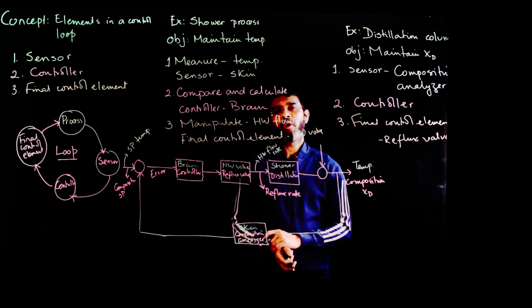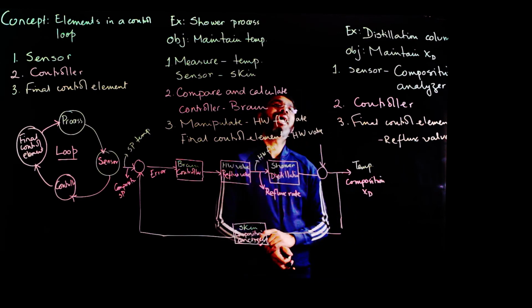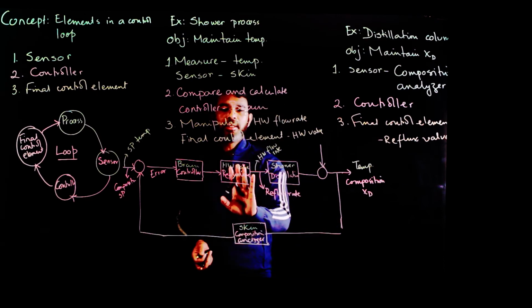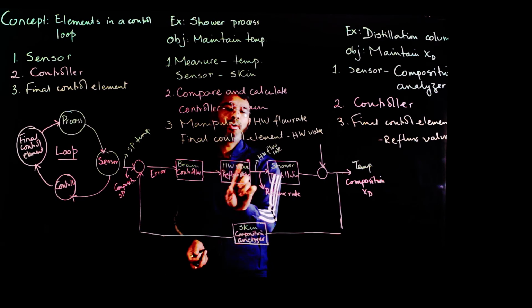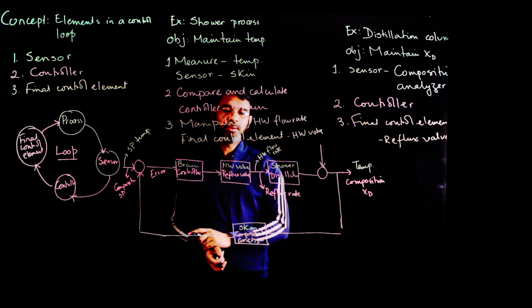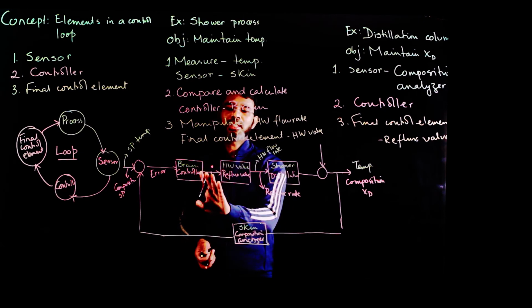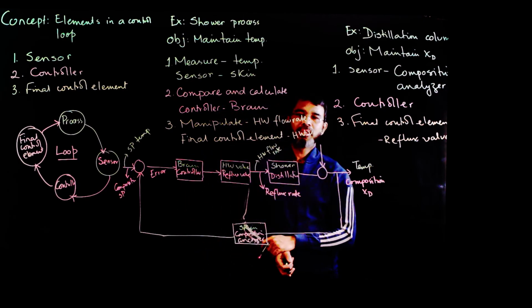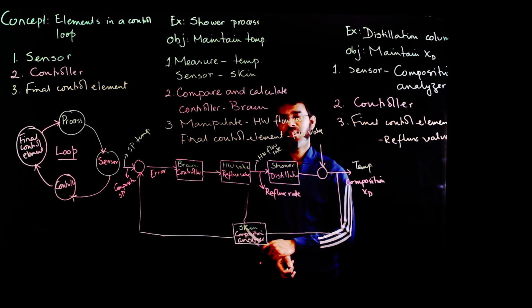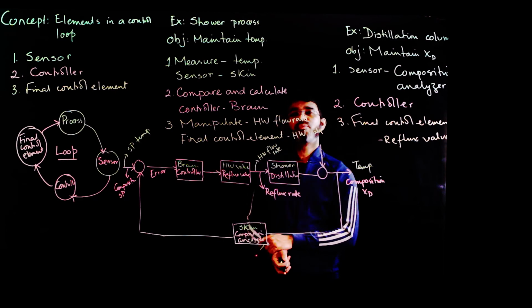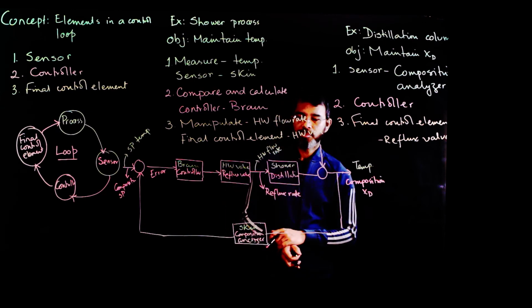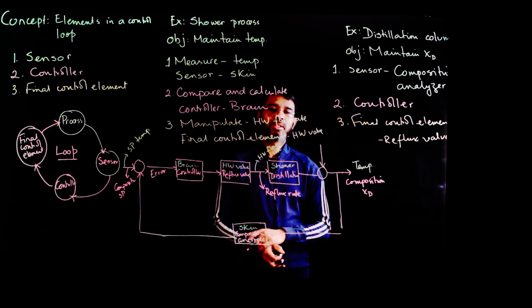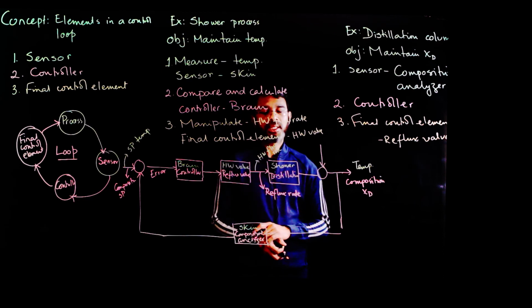We'll go back to that later in the course, but do remember that if the valve was not there in between, we would say the controller output goes to the process as the input. But with the valve, there are other signals to consider, because the controller output is something like a current signal, and pneumatic valves work on pressure. So there are some other devices included that we'll discuss later.